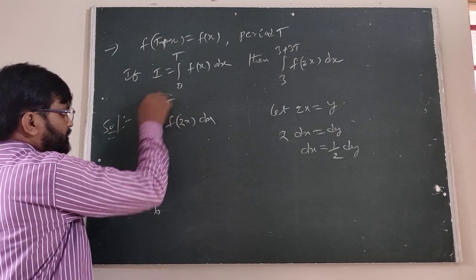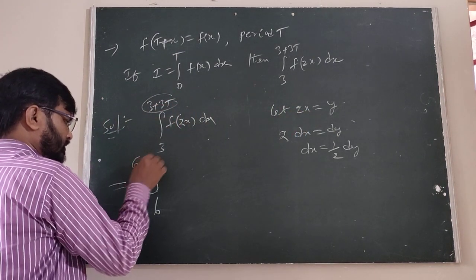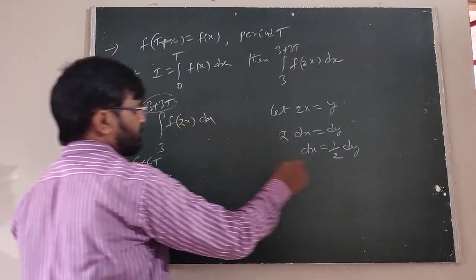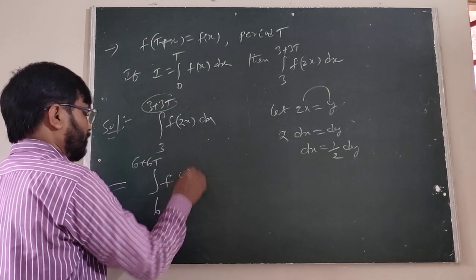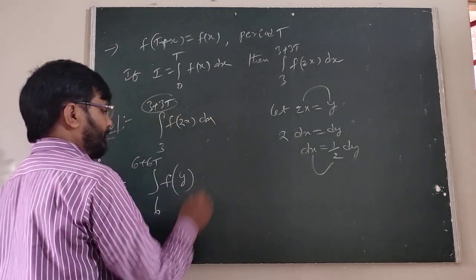Now x goes to 3 plus 3t, then it will become 6 plus 6t. Therefore f of 2x, taking 2x as y, is f of y. The dx is nothing but 1 by 2 into dy. Is it clear?